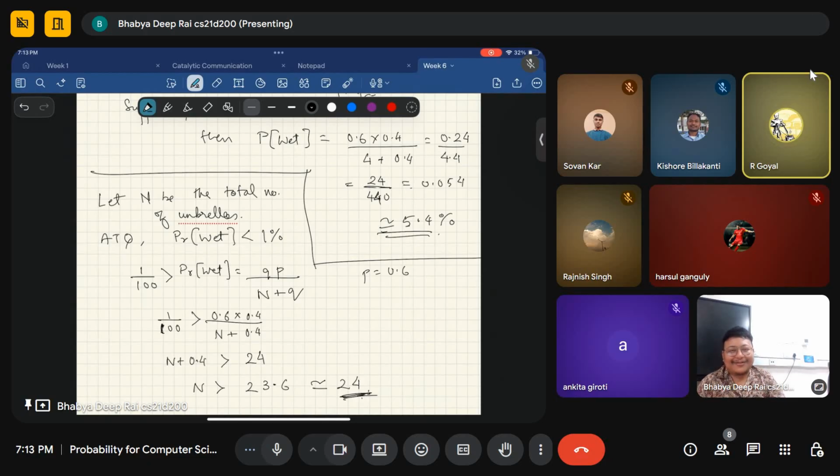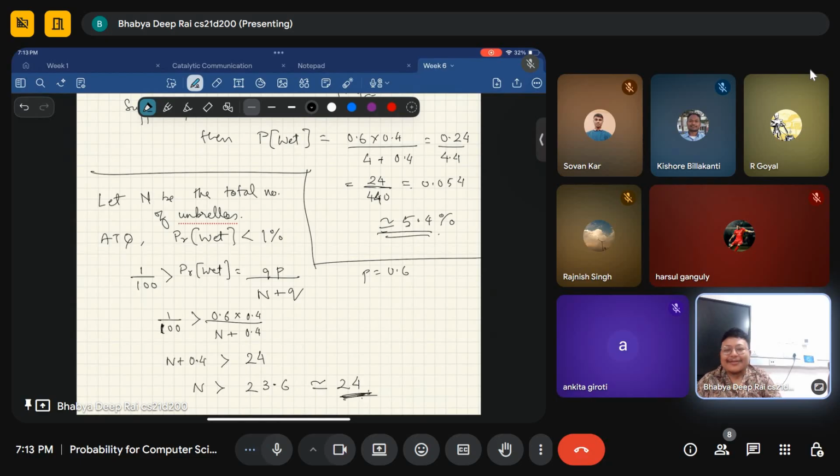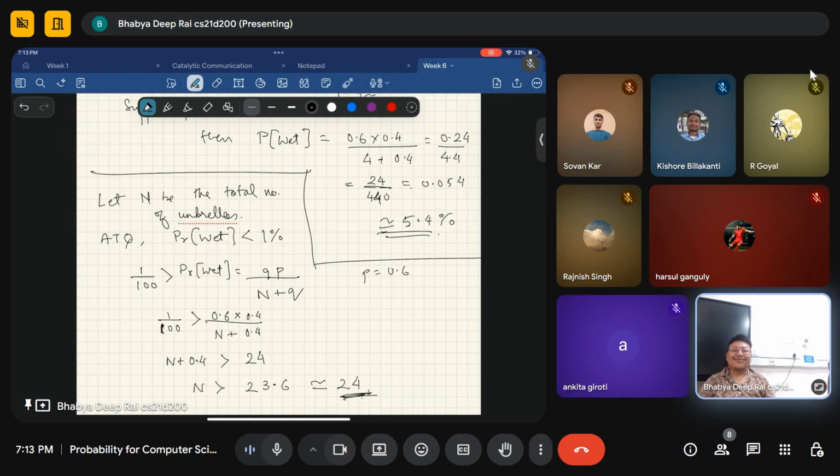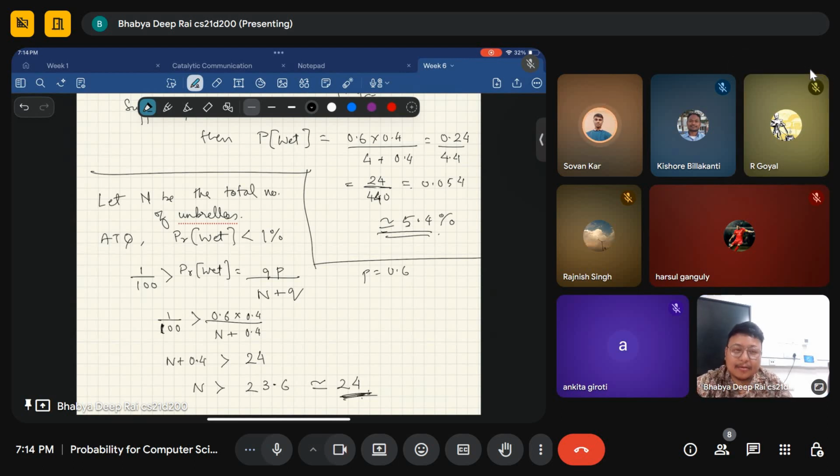The more umbrellas you have, the lower the probability. This is in terms of rain and so on, but you can apply this in some packet routing, things like that. Sir, is it possible to get the absolute zero probability of being wet?